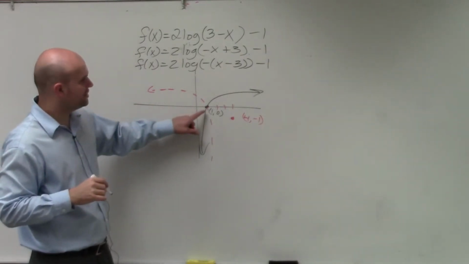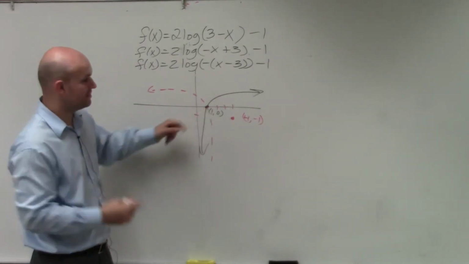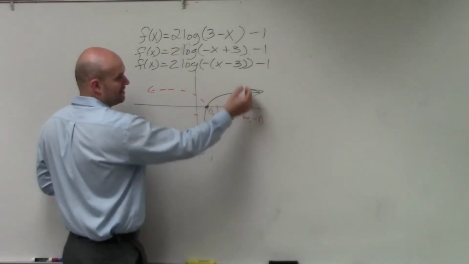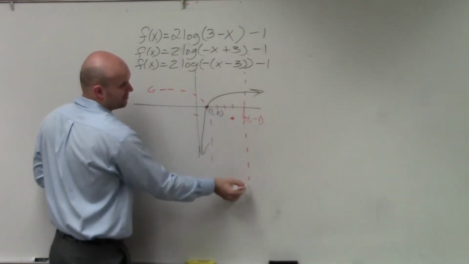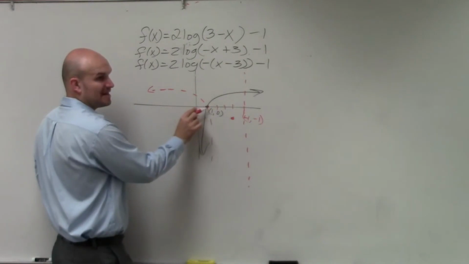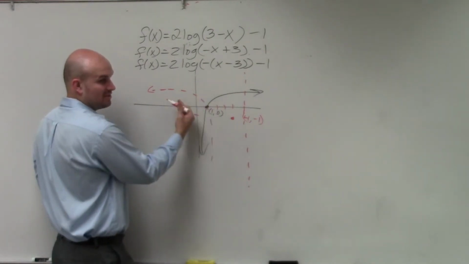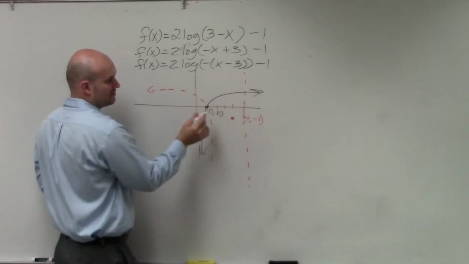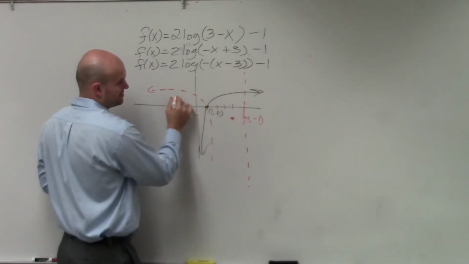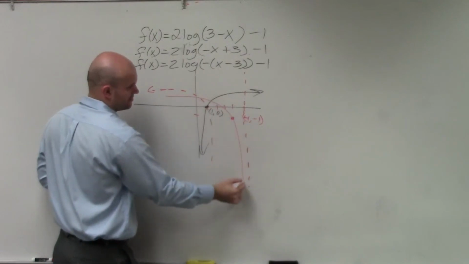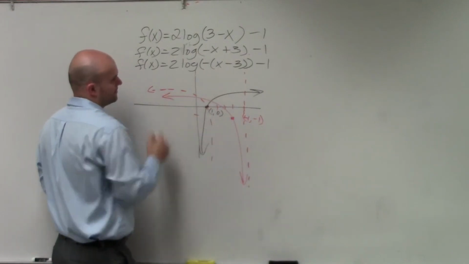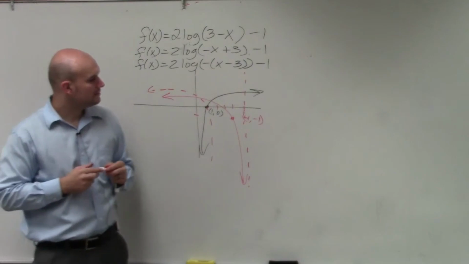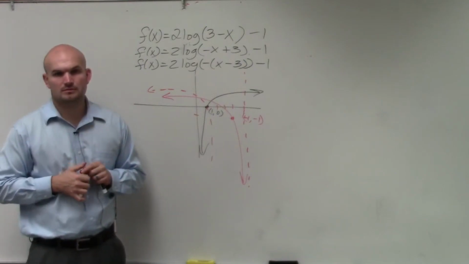It's also important to understand that my asymptote is now going to be 1 over from here, because remember that was my x-intercept. Since this got reflected, it's going to be 1 over to the right. And so my graph would look something like this.